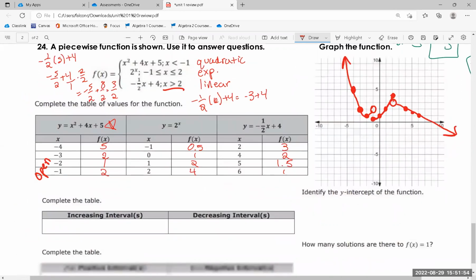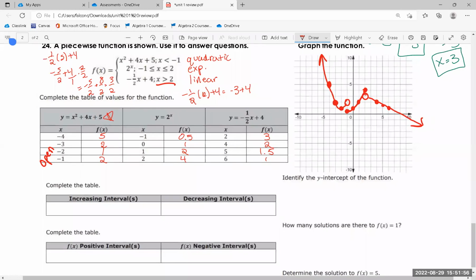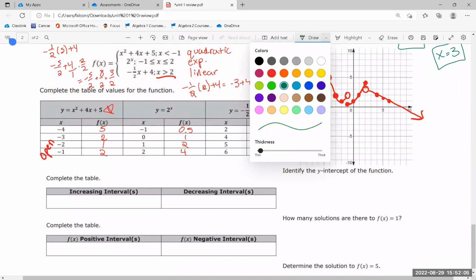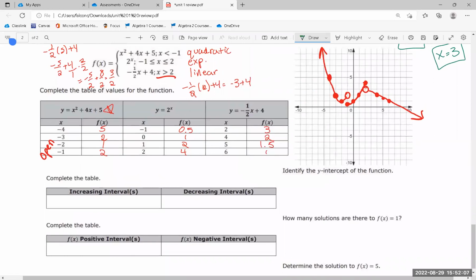All right, now we're gonna answer all these questions that they gave here. So increasing and decreasing. Where is my graph going up? If I think about a little person on my graph, from over here, we're going down. So we're decreasing. That parabola goes on forever and ever to the left.